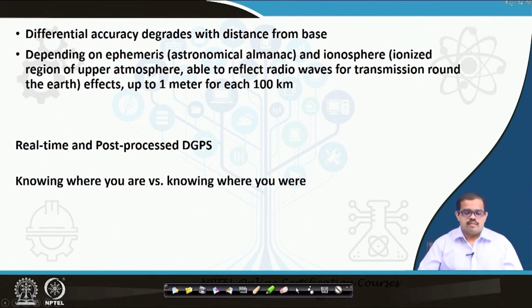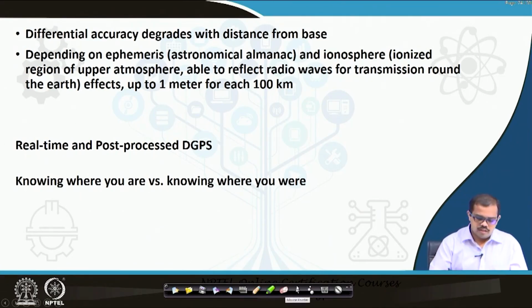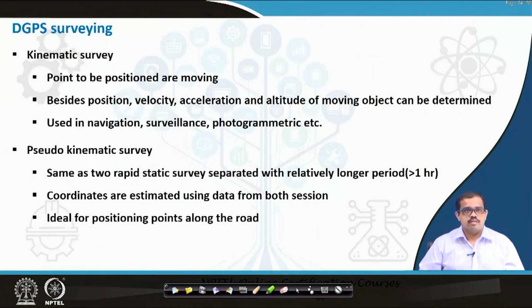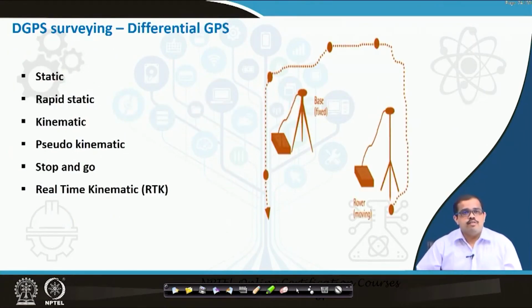Now, once we have understood what we mean by differential GPS, let us also understand how the system works in terms of movement. When you look at the DGPS surveying systems, there are different kinds: static, rapid static, kinematic, pseudo kinematic, stop and go, and real time kinematic.